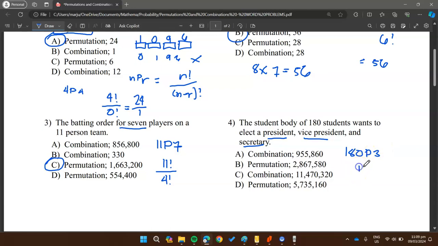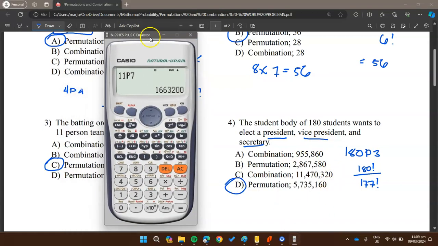So this is equal to 180 factorial over, what's 180 minus 3? 177 factorial, which is again equal to letter D, 5,735,160. So let me just show that on the calculator. So we have 180 permutation 3. Again, that's 5,735,160.